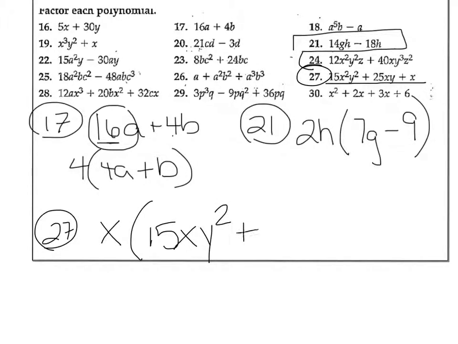And then it's plus 40, oops, wrong problem. It's going to be 25y, and then because we took out 1x, all that's left is the coefficient, the number in front of x, so that's just going to be 1. So that's just a little bit of a review of factoring binomials and trinomials by looking for a GCF.